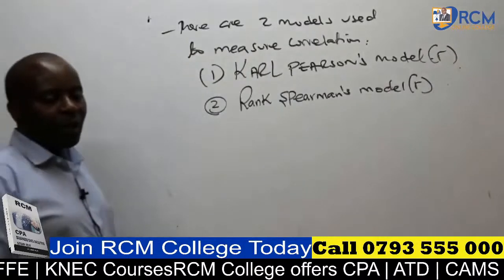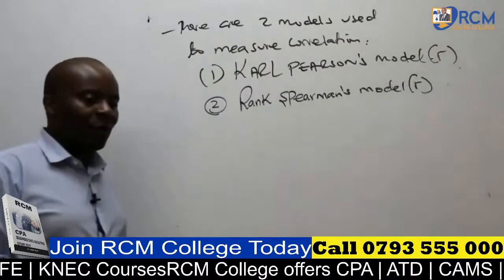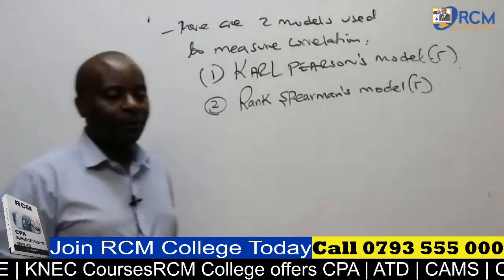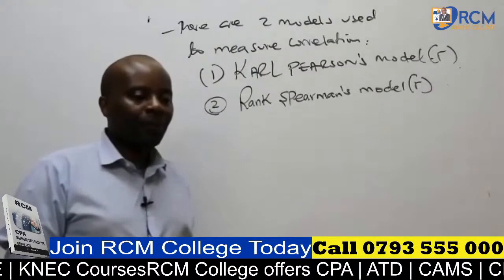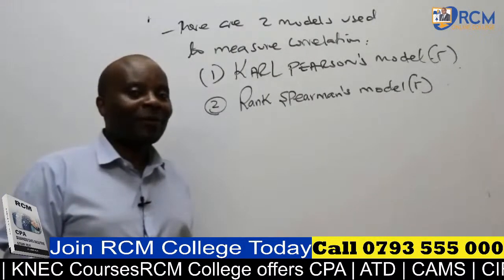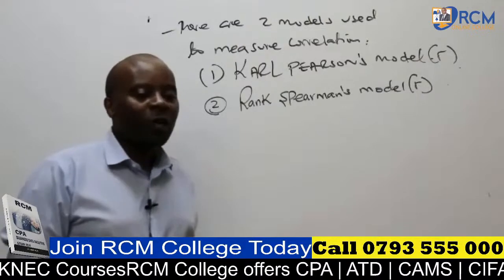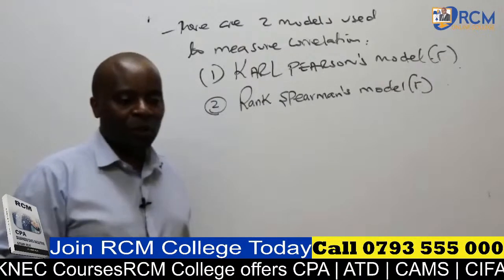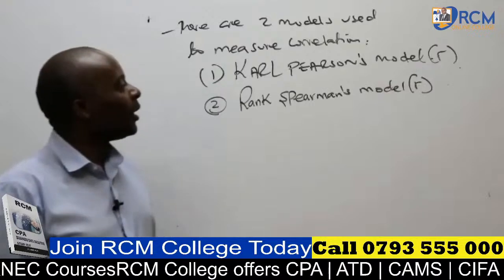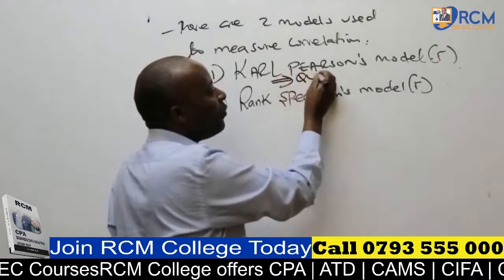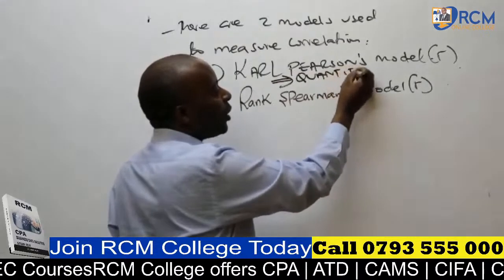Both of them are denoted with R. And if you look at your past papers, in most cases, you'll be told to differentiate between these 2 correlation measures. Ladies and gentlemen, we normally use Carl-Pearson's model whenever the variables that we have are quantitative in nature.